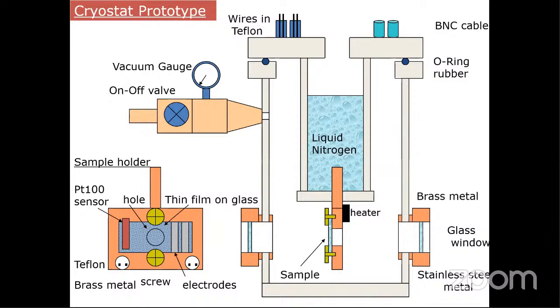Then for the electrical properties, we have designed and fabricated a stainless steel, metallic sample holder in our laboratory and the metal workshop present in the department. The beauty of this system is that you can do the electrical as well as the optical measurements simultaneously under the same conditions.